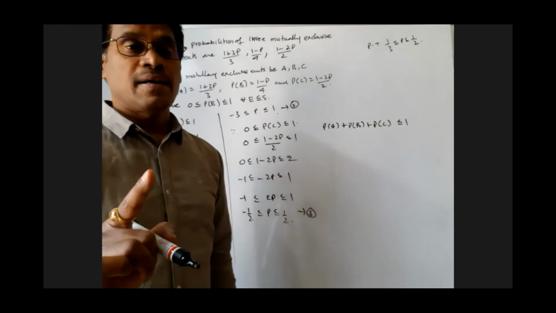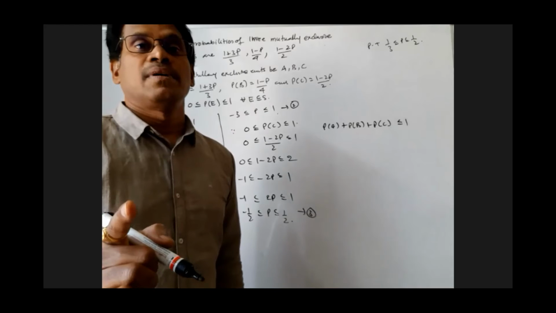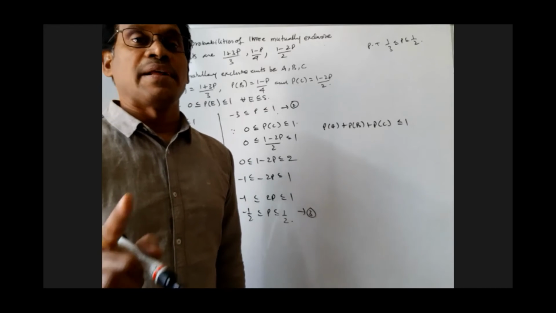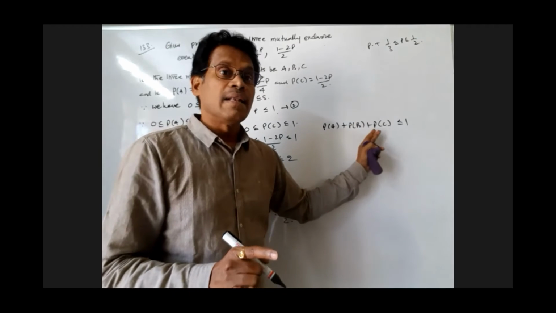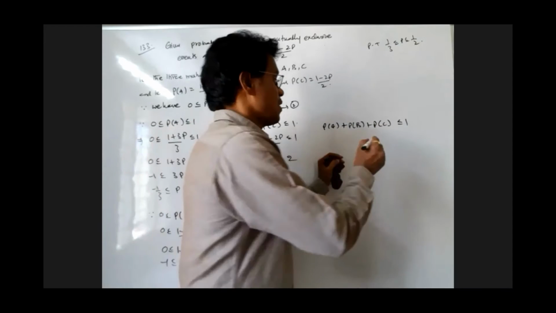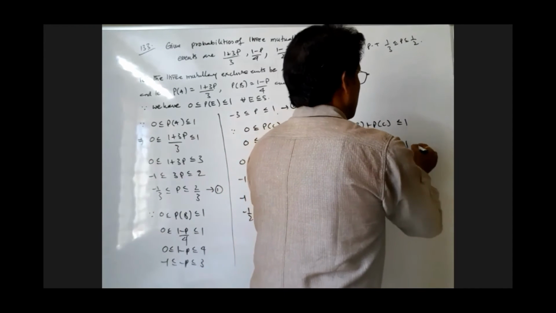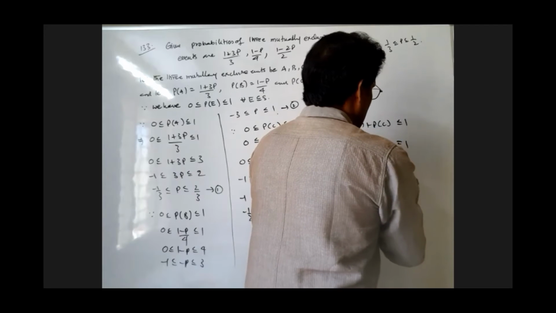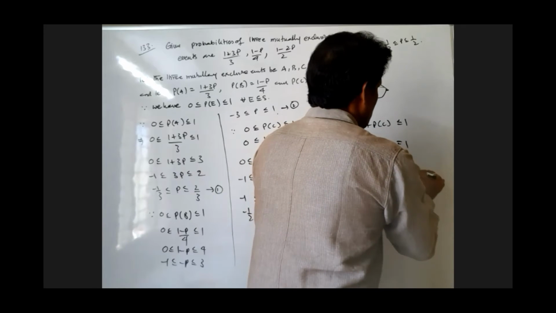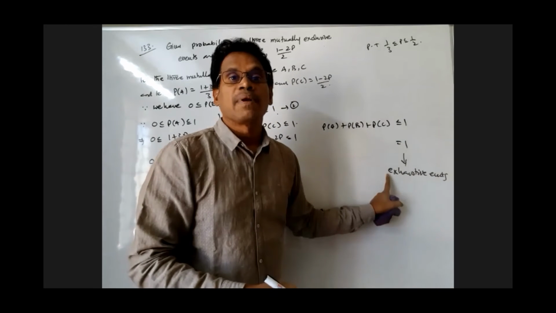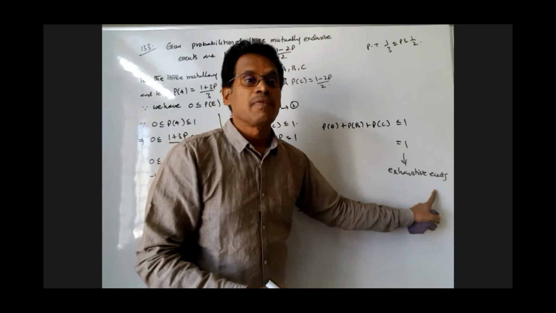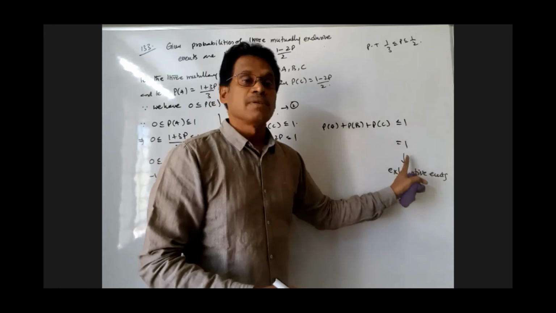Clearly understood? That is the reason I am doing this problem. Otherwise I won't do this. P of A plus P of B plus P of C is less than or equal to 1. When can I write it as equal to 1? When they give the word exhaustive events. When the problem says A, B, C are exhaustive events, directly write the sum of the probabilities is equal to 1.